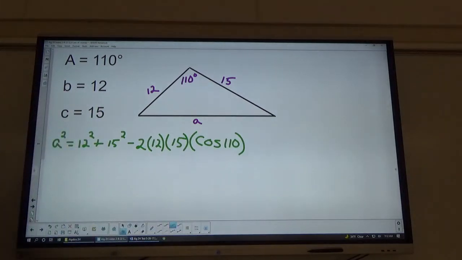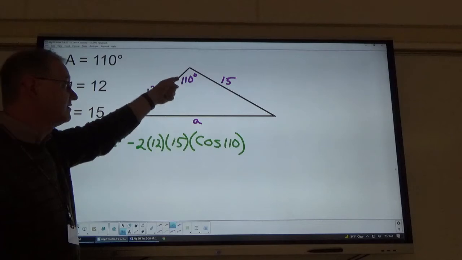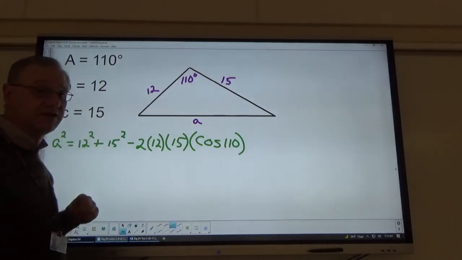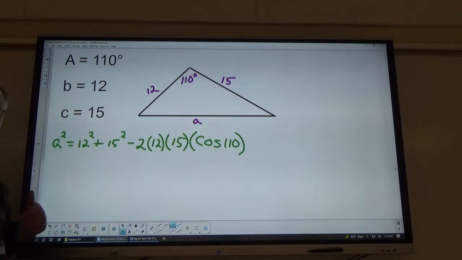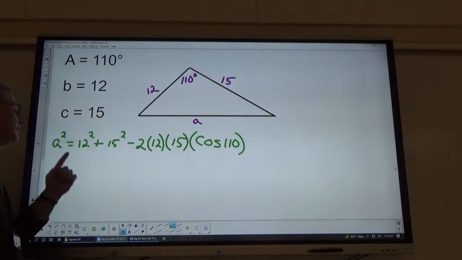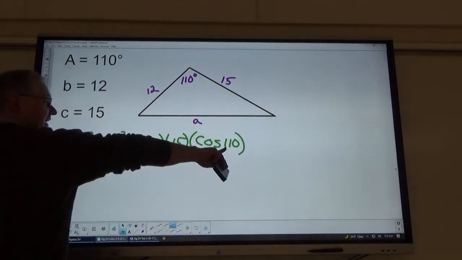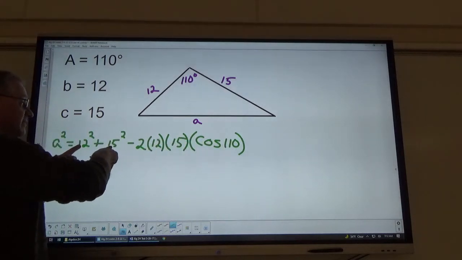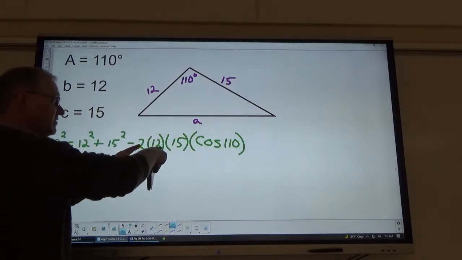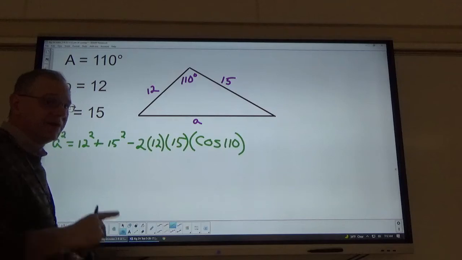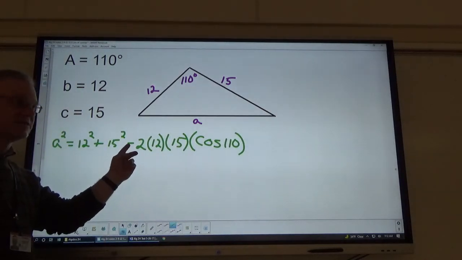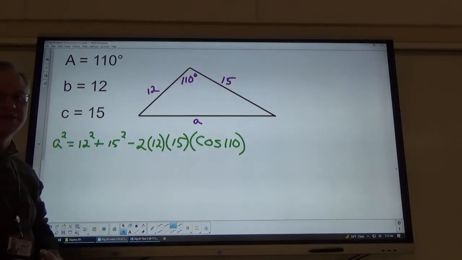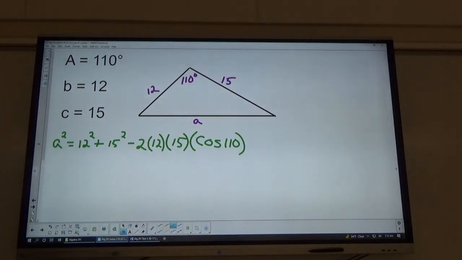Now, again, remember the formula: the side you're trying to find is across from the angle that you have, or the angle you are trying to find is across from the side you have. They're on the far ends. The other two sides, squared and added, minus 2 times those. The other thing people forget a lot is the 2. They forget to say minus 2 times. They just do BC cosine of A.